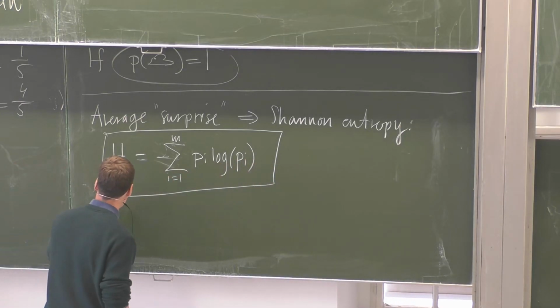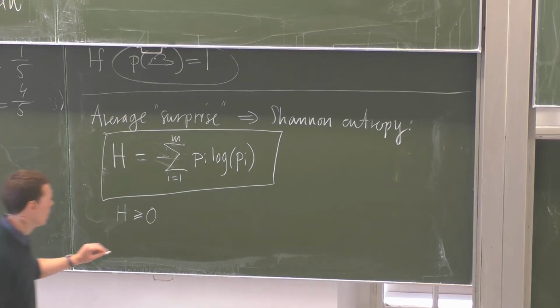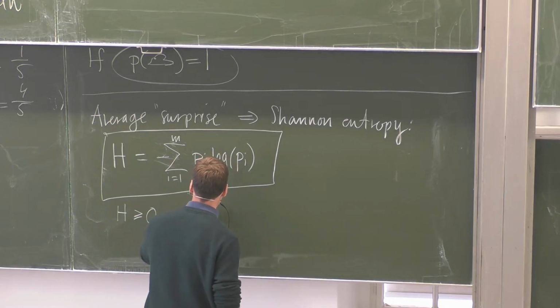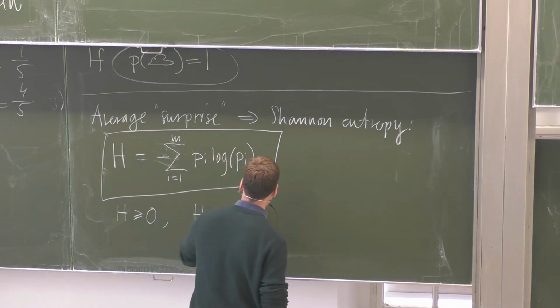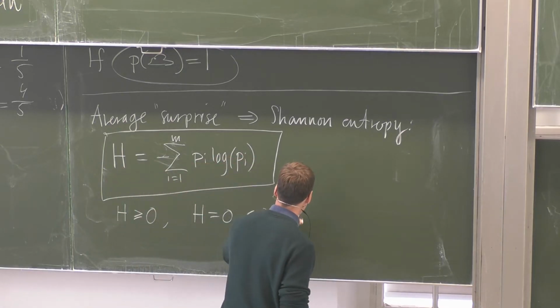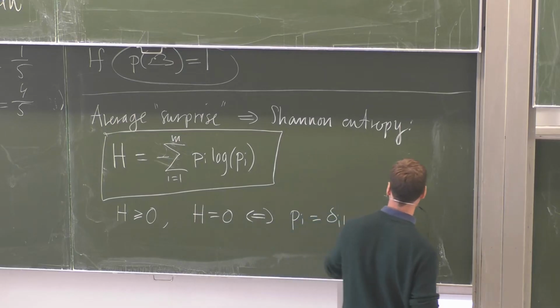So we know, first of all, that this entropy is positive, and that it's zero implies that the probability distribution p_i is equal to some delta_ik for some k.